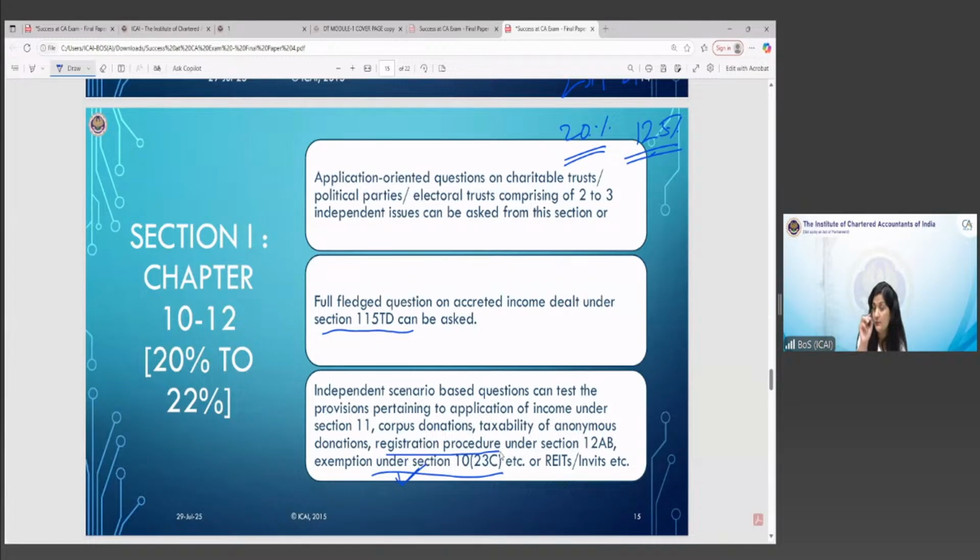So in the study material, one of the tables given is a comparison table specifying the provisos, because in 10(23C) there are 22 or 23 provisos, and explanations are again there, so they are being compared with these section 11 to 12 provisions. There are many explanations and many provisos.